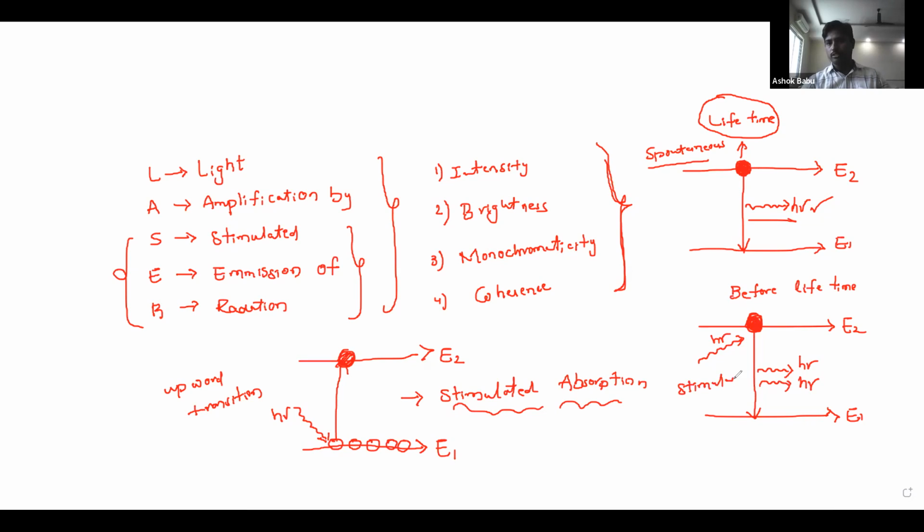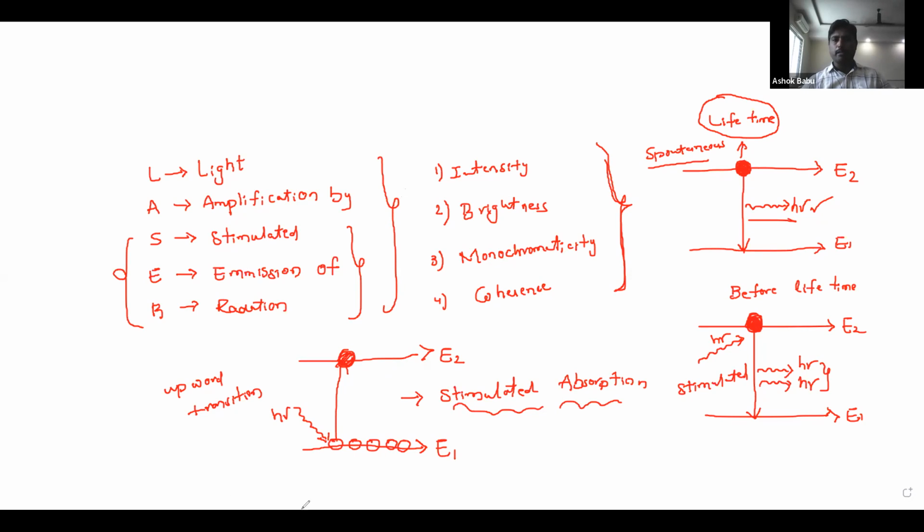Here too photon energy is emitted by the atom, but two photons are emitted. This process occurs continuously between the energy levels until sufficient amplification occurs, and after sufficient intensity this photon energy converts into laser light.